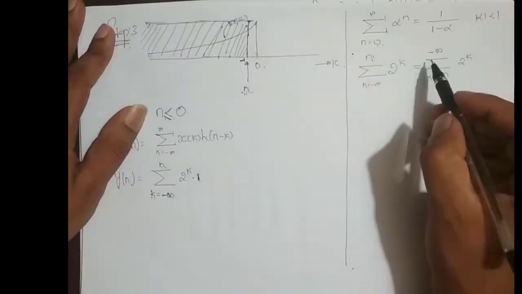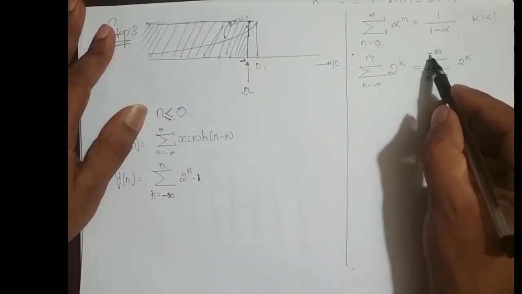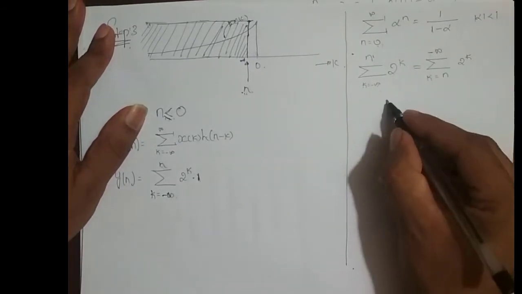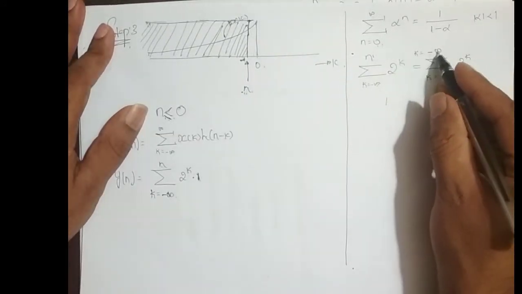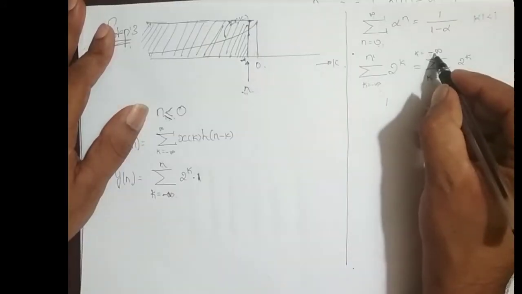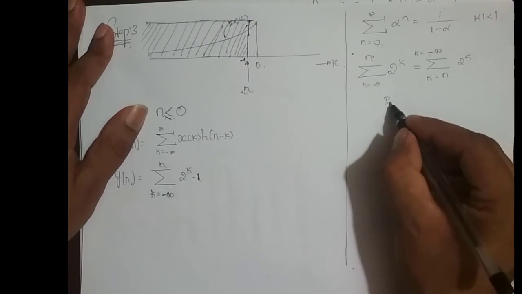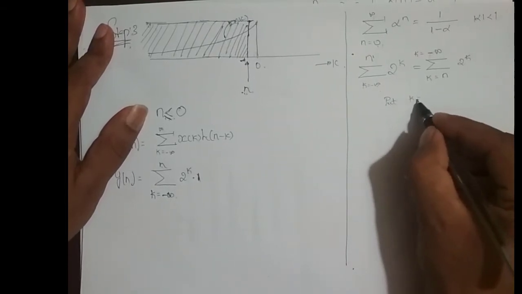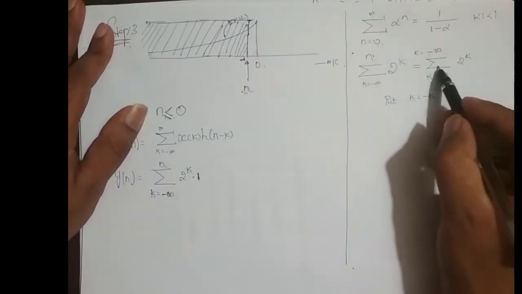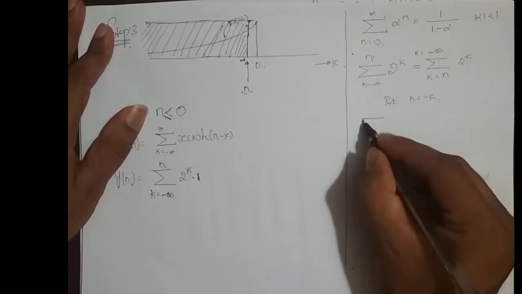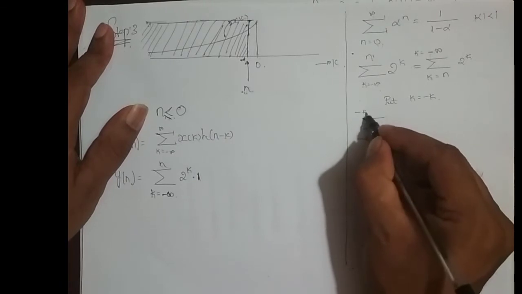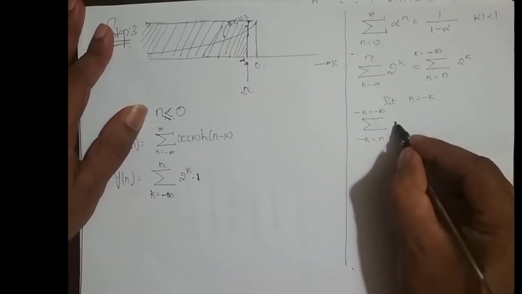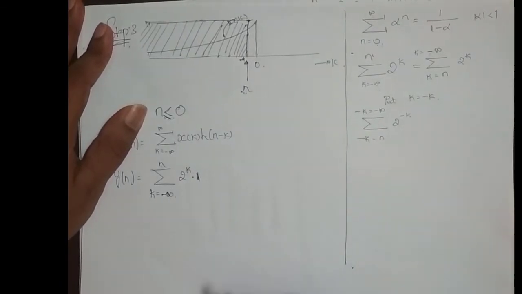Okay. Now I don't want this to be minus infinity. I want this to be plus infinity. So for that, this is actually k, right? So k is varying from n to minus infinity. So in order to bring this minus infinity to plus infinity, I'll put k is equal to minus k in this summation. So what do I get? Summation minus k is equal to n to minus k is equal to minus infinity, 2 power minus k.